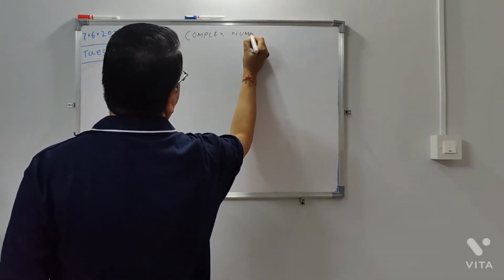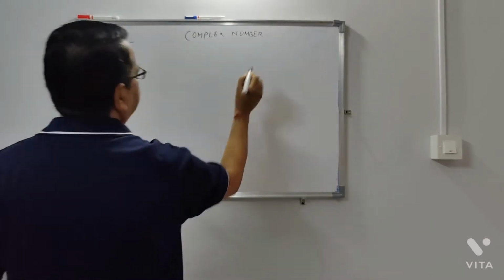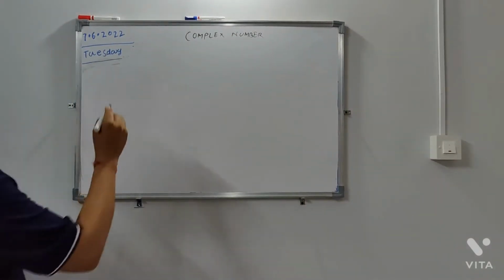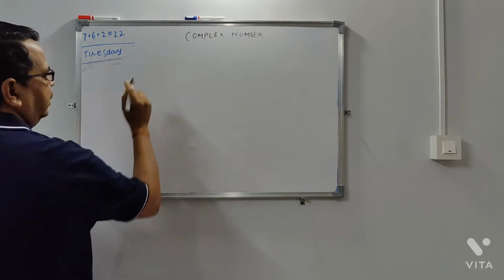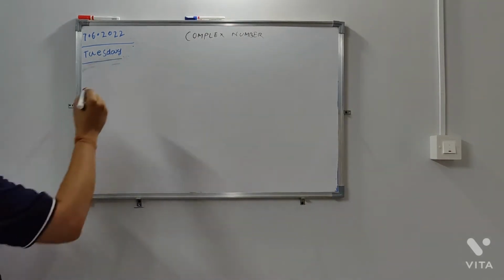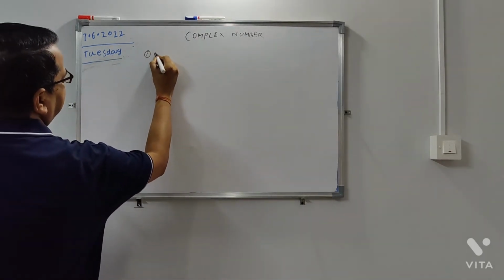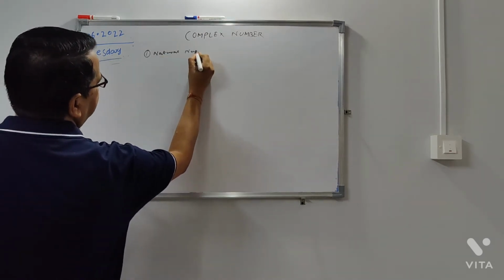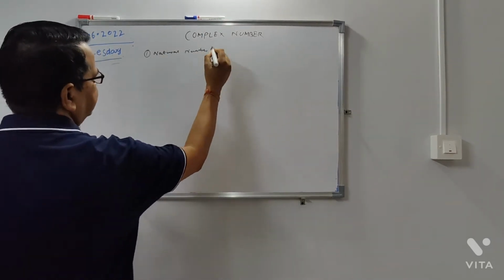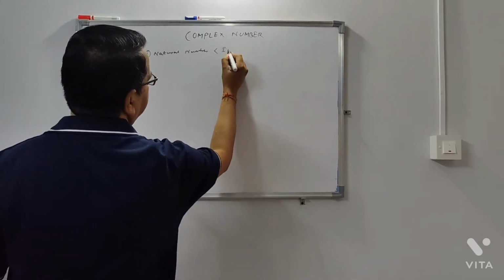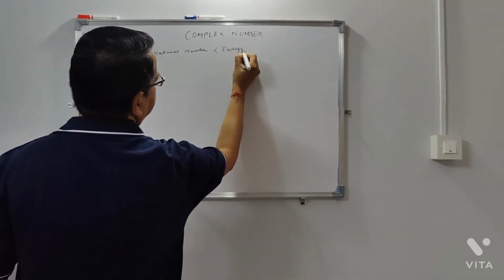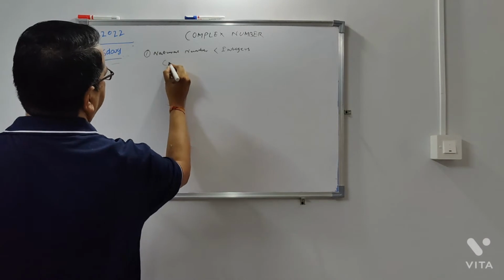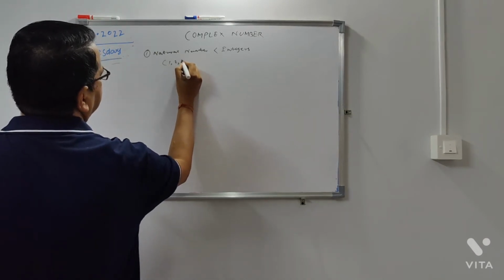So, complex numbers. If we do complex numbers, we know that we have natural numbers, which are a subset of integers. Okay, so natural numbers 1, 2, 3 like that.